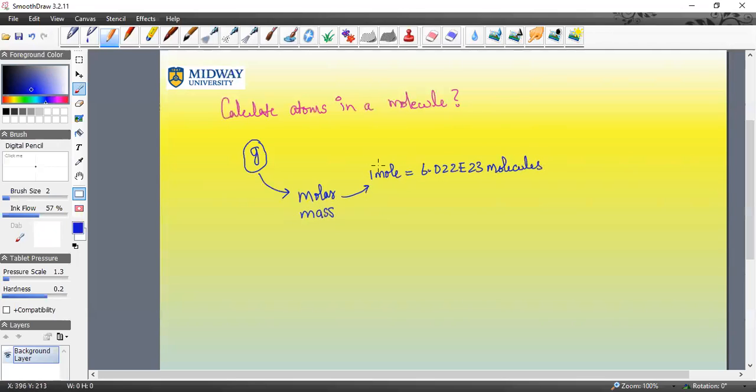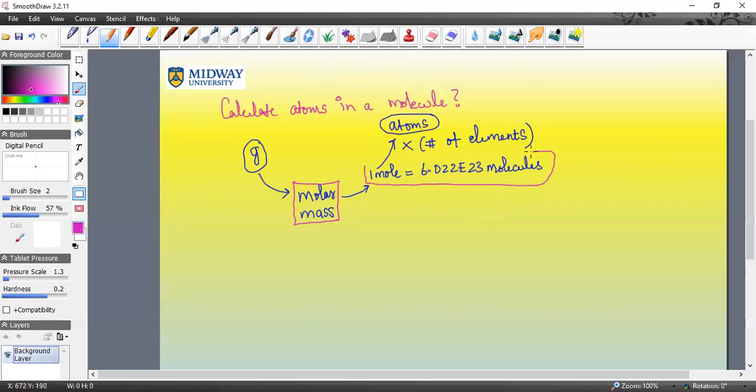And then before you go, you multiply it by the number of that element. And then you end up at the atoms destination. Now again, as I said, whatever you see in the highlighted pink boxes are primarily your conversion tools. And this is the last one.